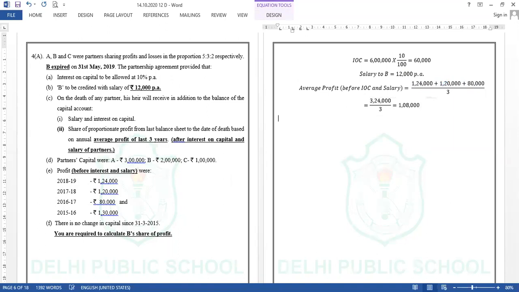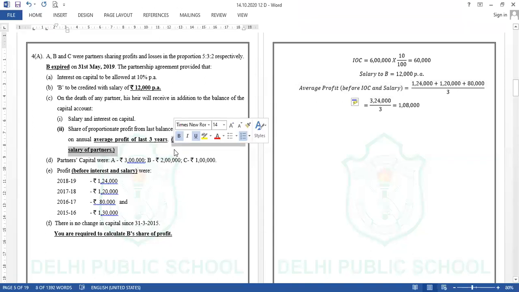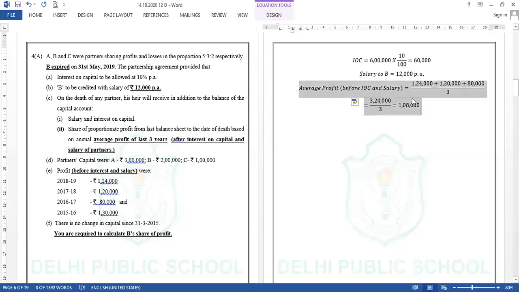हाँ, okay. Now we have to take care that this average profit is before interest on capital and salary, but we are told that when you calculate the share in profit, the profit has to be after interest on capital and salary. Now because this average profit represents the profit of 1 year, and for 1 year we need to provide for interest on capital of 60,000 and salary of 12,000.